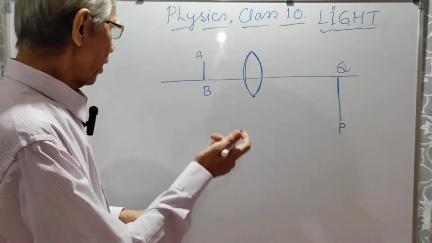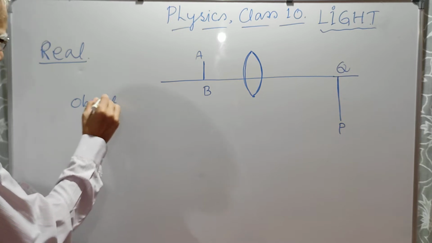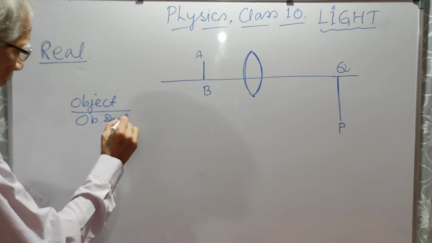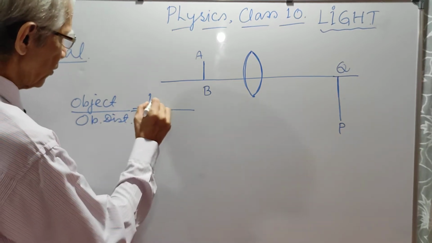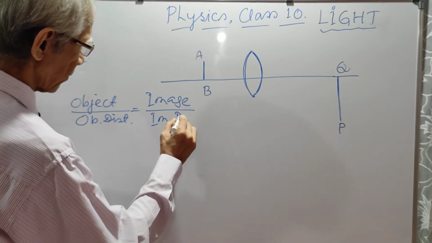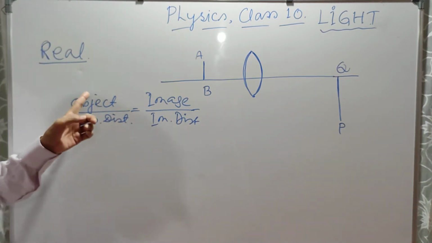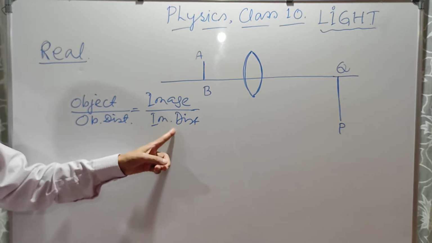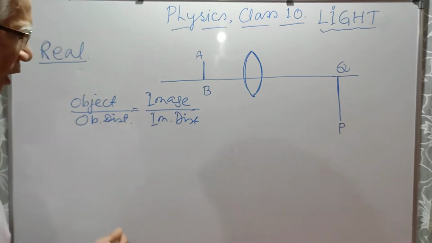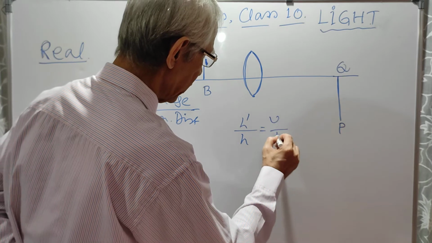All right. Now this relation: size of image by size of object equal to image distance by object distance. So this is an important relation. This is true for lens as well as for mirror. Actually, this comes from the relation h dash by h equal to v by u.